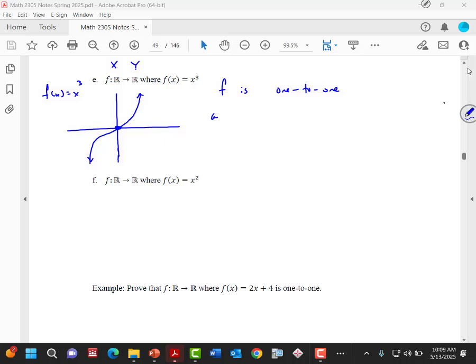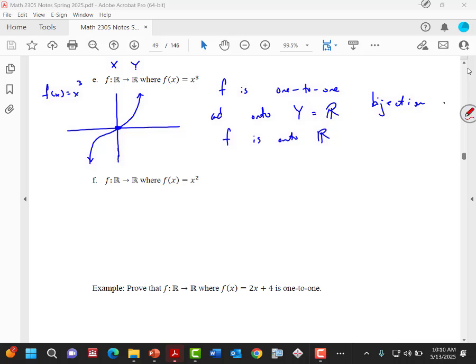This function f is 1-to-1, and it is onto Y, which is the set of real numbers. And so I would sometimes say f is onto R. Because it is 1-to-1 and onto, this function f is a bijection.